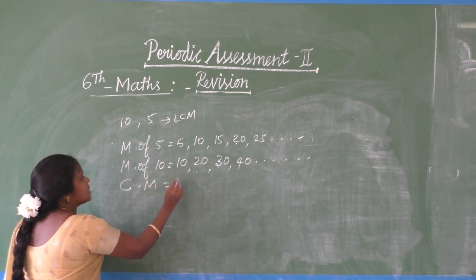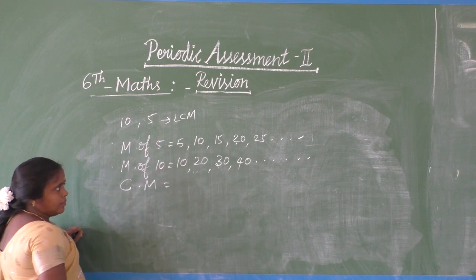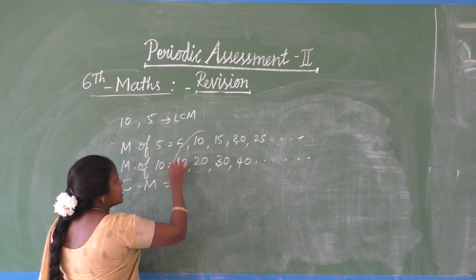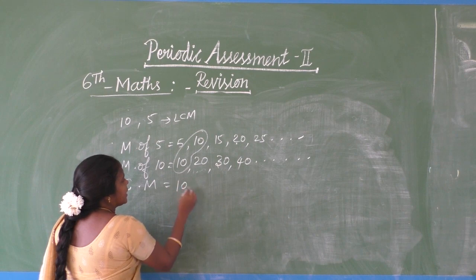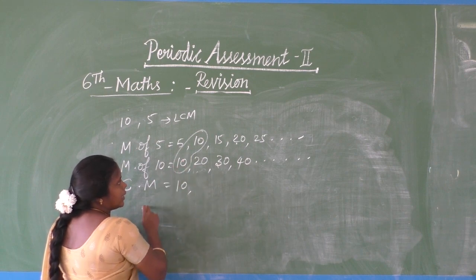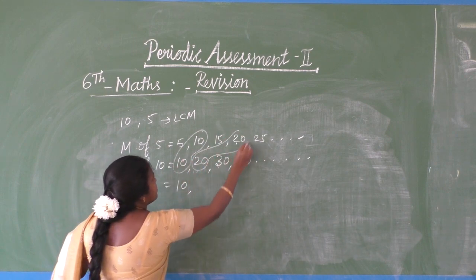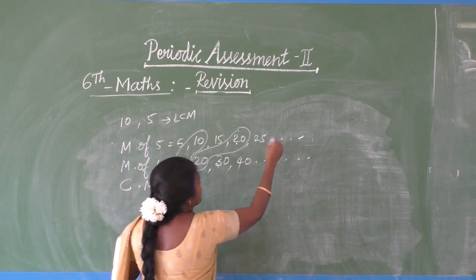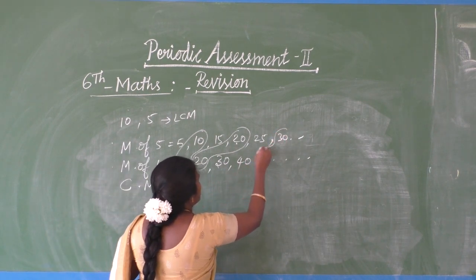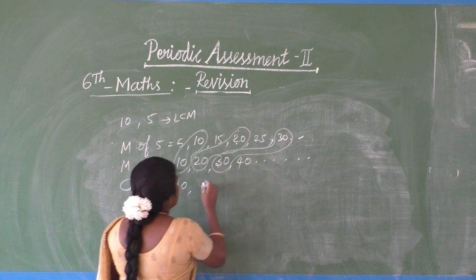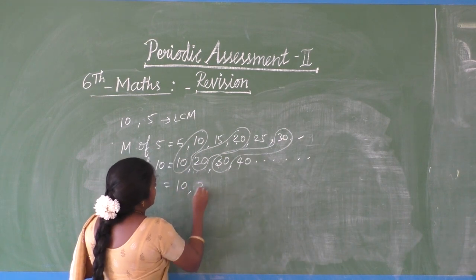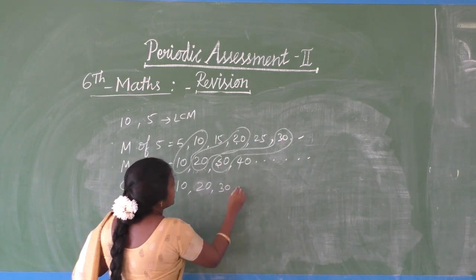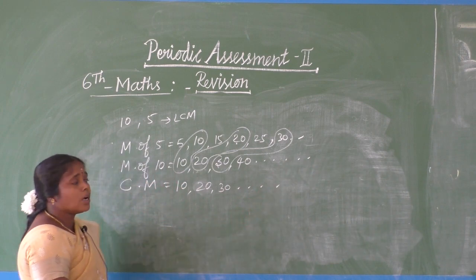Common multiples of 5, 10. Common multiples means 10 is coming correctly in both. So 10, 20, definitely what comes? 25 comes after 30 only, no? So 30. 10, 20, 30, etc. goes on.